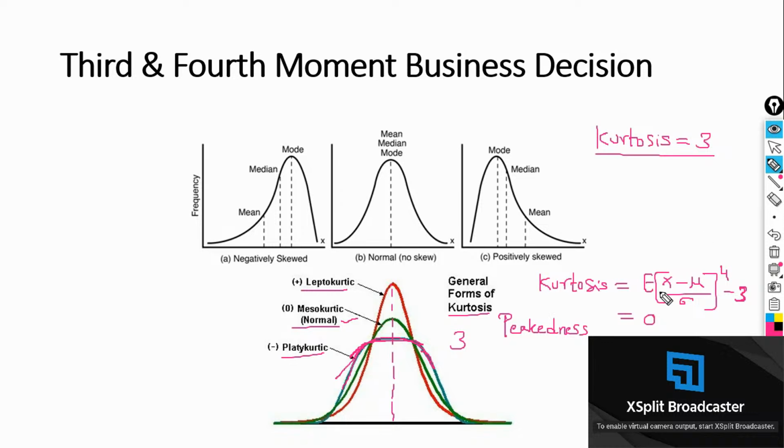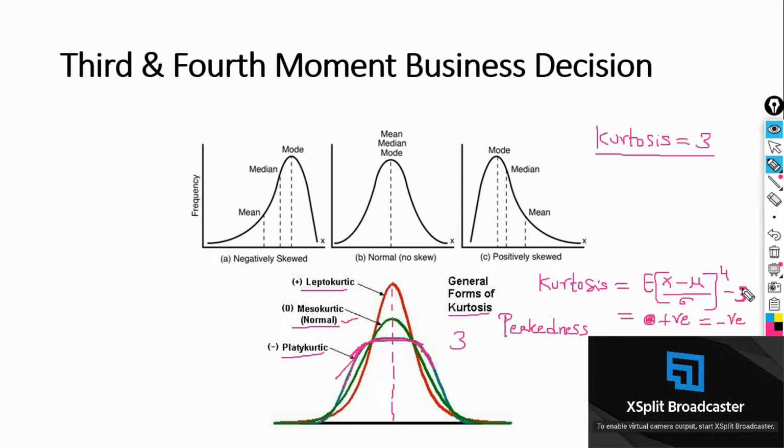And if the difference between these two is a positive number, it is leptokurtic. You'll get a tall, sharp peak with long tails. What if the difference is negative? Then you'll get a wide peak with no tails.